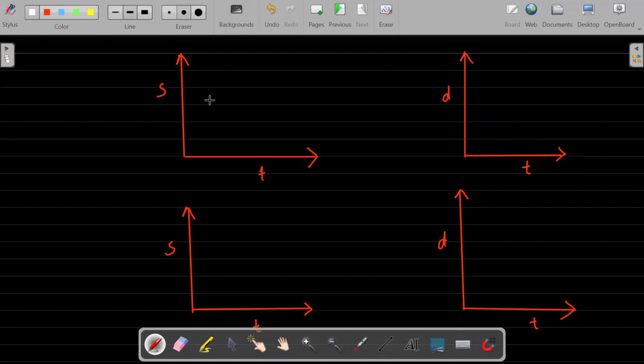If your speed time graph is at a horizontal level, then your distance time graph will be horizontal and it will not be on the level ground. It will be covering some distance over here. You don't have to draw it on the horizontal line. It will be horizontal but above the horizontal line. Clear, Fatma? Yes, miss.